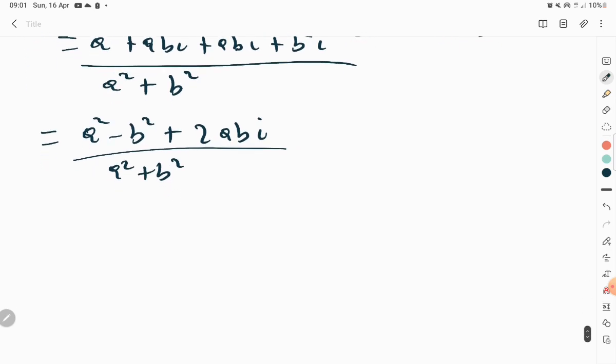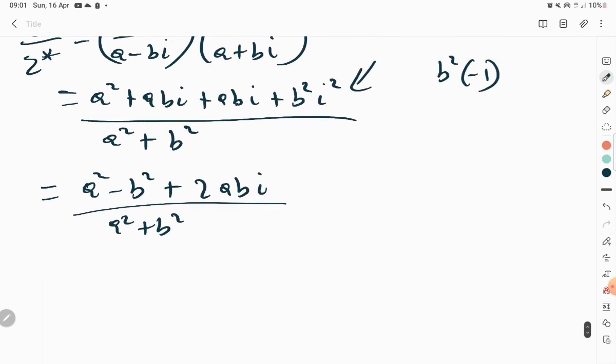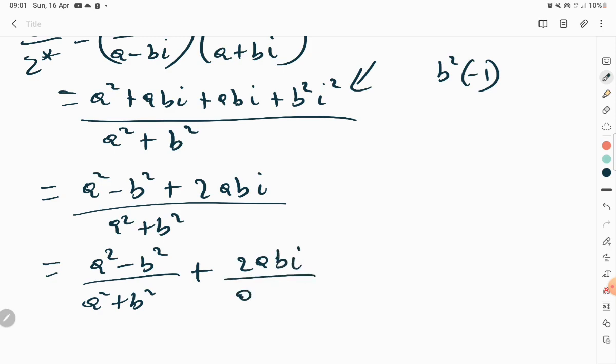But now I need to put it so that the real part is on its own and the imaginary part is on its own. So you have a squared minus b squared, all divided by a squared plus b squared, then plus 2ab i divided by a squared plus b squared.